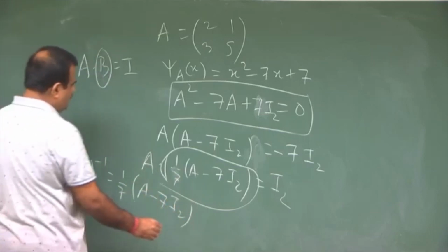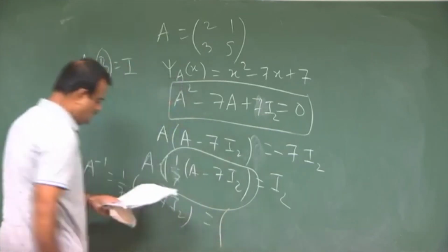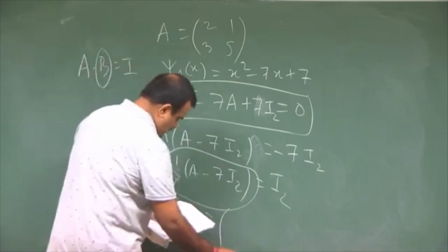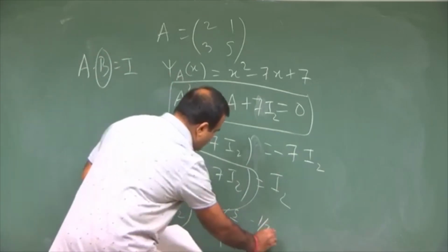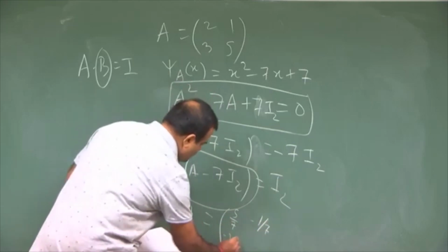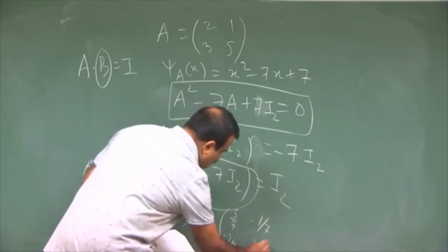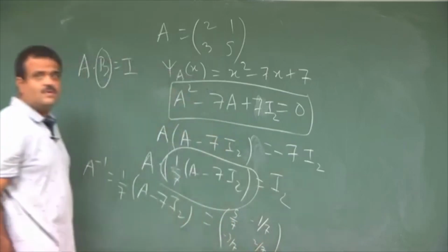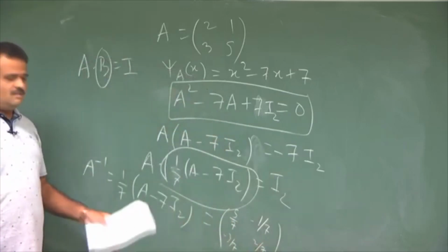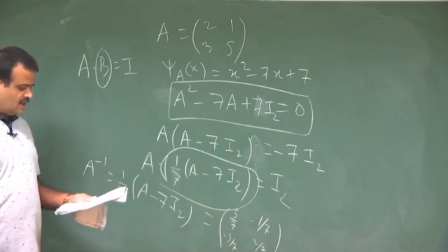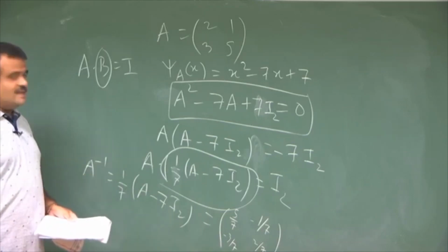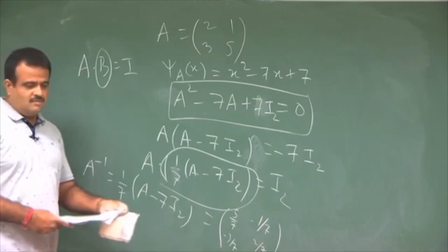If you calculate it, we will get this matrix, 5 by 7, minus 1 by 7, minus 3 by 7 and 2 by 7. So, this is the inverse of this matrix. This is the way the Cayley-Hamilton theorem helps us find the inverse.